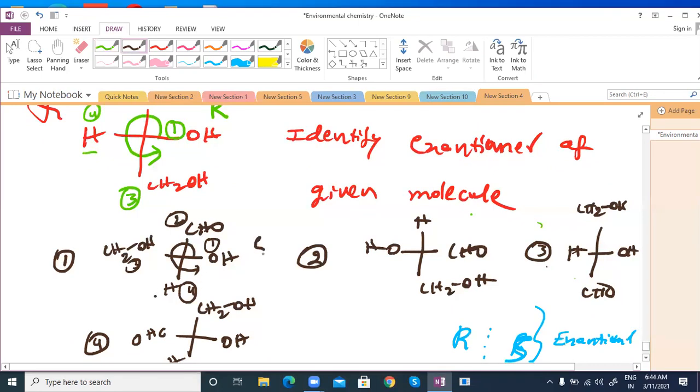So no change, this is S only. Anti-clockwise, no? Then 1, 2, 3, and this is fourth. Clockwise. So this is R. So the first one is also S only. So that is also an enantiomer. We have to get R, the opposite is S only, no? That's what you have to see.